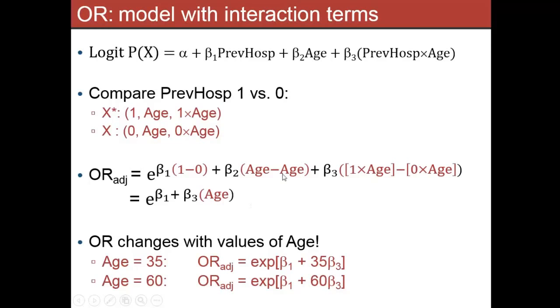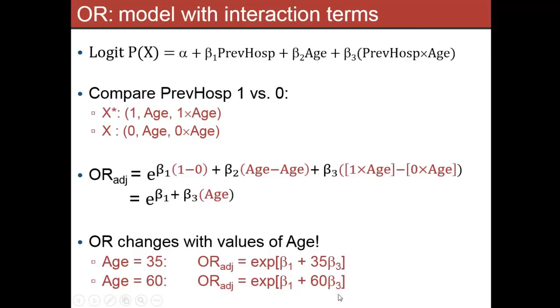So what does that mean? That's weird, because it's a variable that itself can change. There's not one odds ratio anymore. What it means is the odds ratio itself changes with the values of age. So at age 35, let's say, this is the expression for the odds ratio: e to the beta 1 plus 35 times beta 3. And when someone is aged 60, let's say, it's e to the beta 1 plus 60 times beta 3.